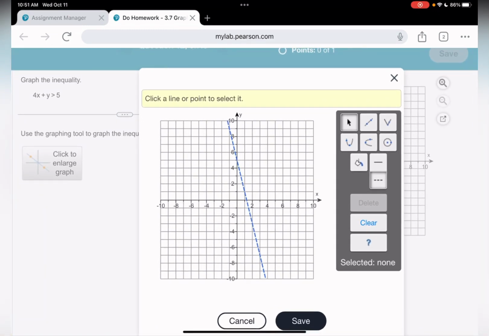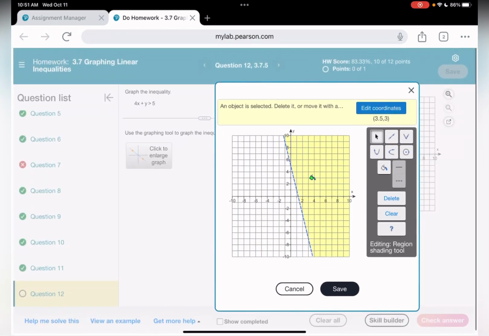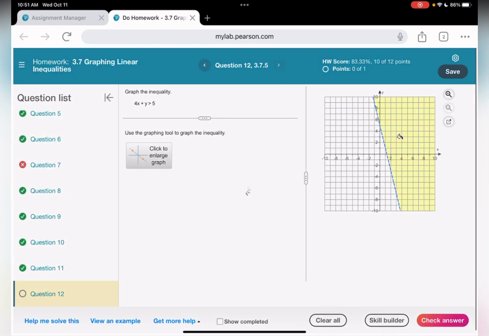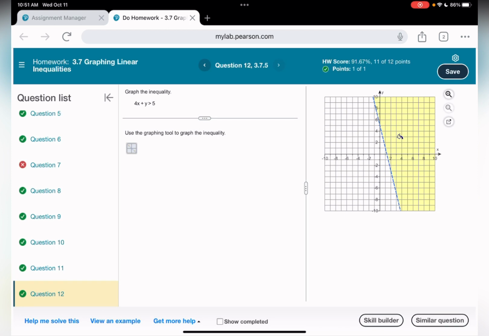Let's say x is 4 and y is 2. 4 times 4 is 16, plus 2, 18, greater than 5. So it's going to be on this very side where I took the point. And we are done. Okie dokie, see you in the next problem, next assignment.